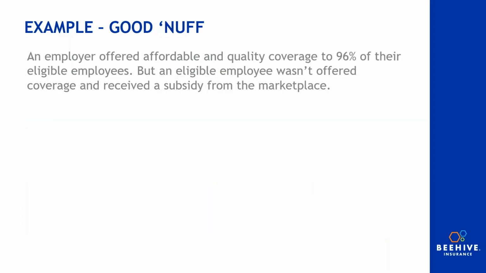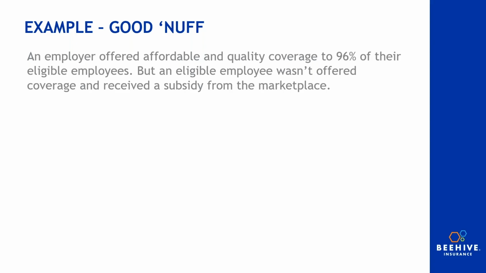Looking back on our good enough example, again, we mentioned at the end of the previous webinar that sometimes it is easier to not offer coverage to a variable hour employee as long as you are still offering affordable quality coverage to at least 95%.